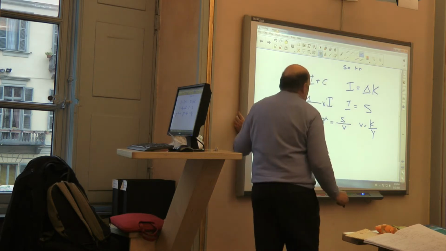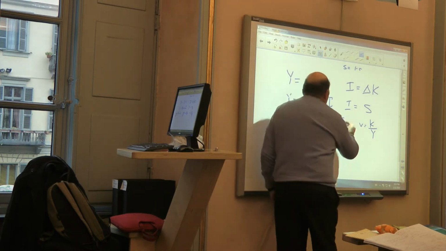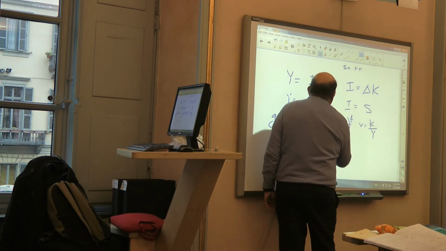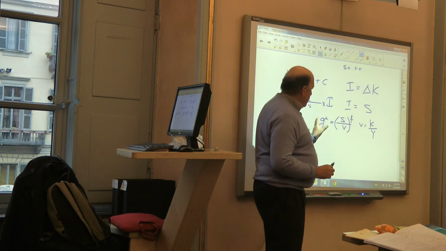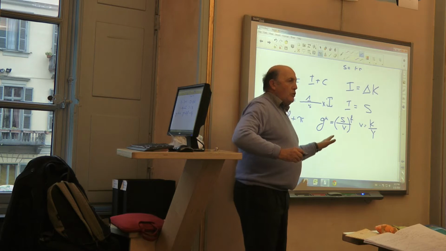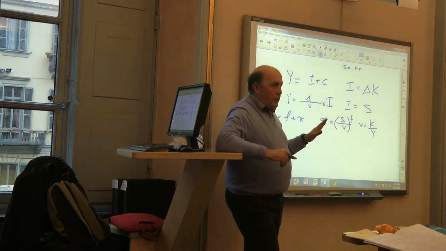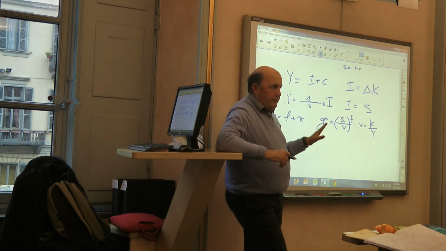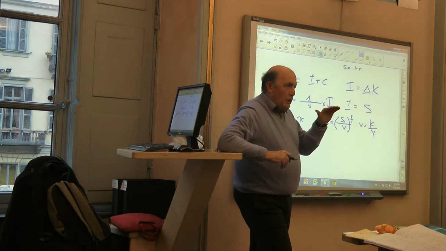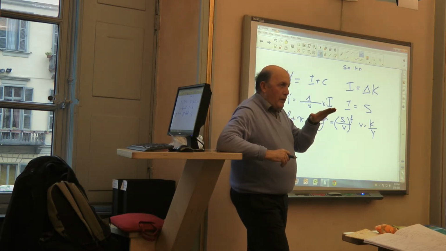So let's call it the full employment level, which should be equal to the growth rate of population. This is called the Harrod-Domar growth model, okay? So once you reach full employment, you should be able to move on to the Harrod-Domar growth path.